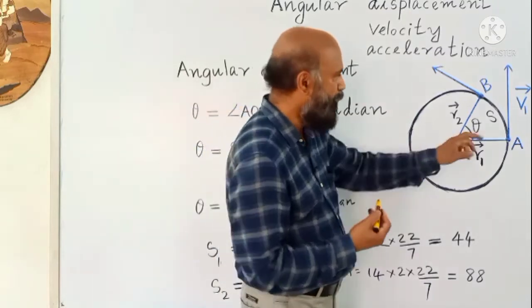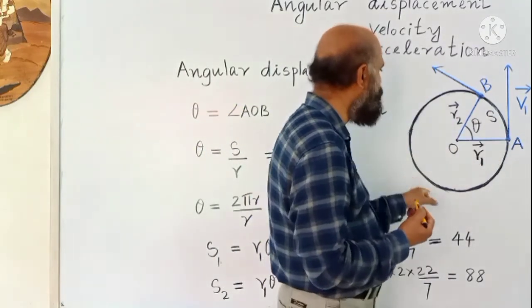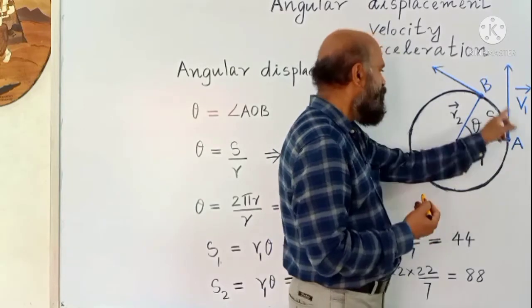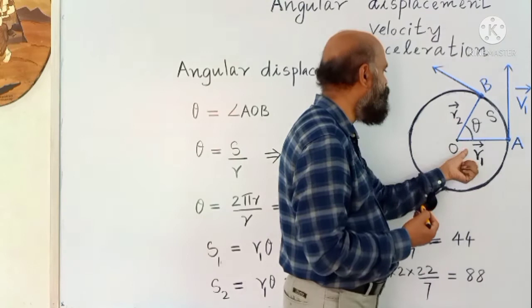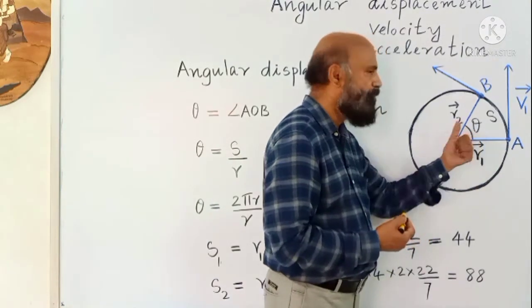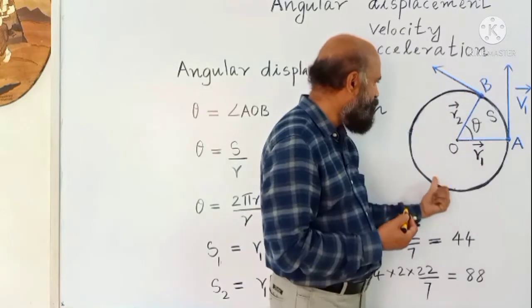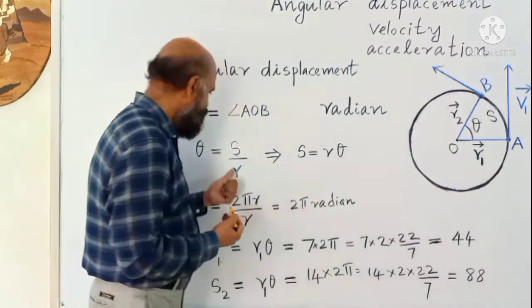Suppose a boy is running, starting from here, and he is completing one full circle. Then his angular displacement is 2 pi radians. Then this total distance, the circumference of the circle, is 2 pi r.